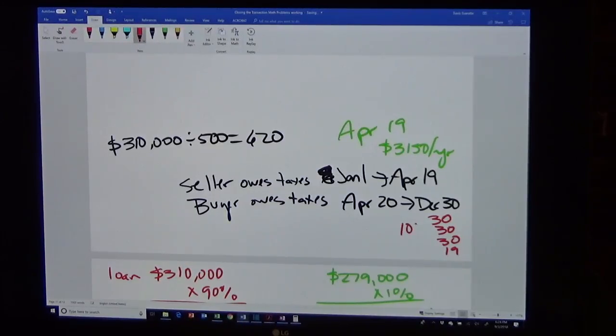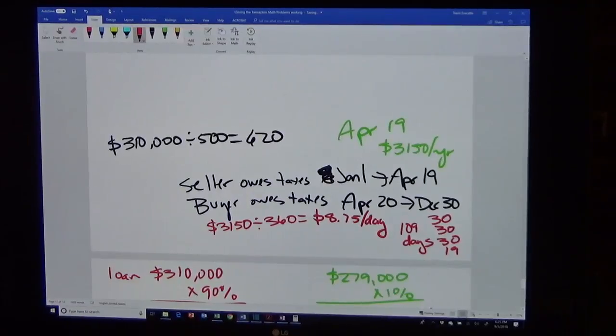That's 109 days. We know that the taxes are $31.50 a year, so we can divide that by 360 to get it down to daily. $31.50 divided by 360 is $8.75 a day. $8.75 a day times 109 days.